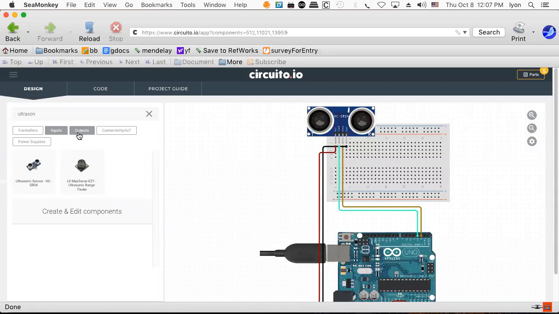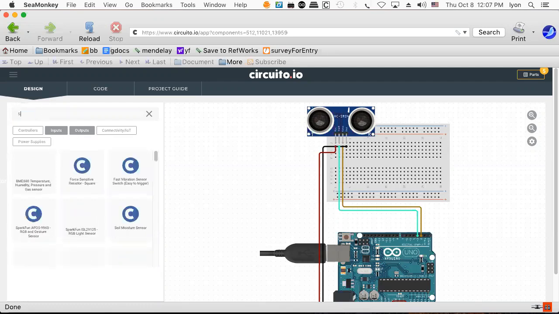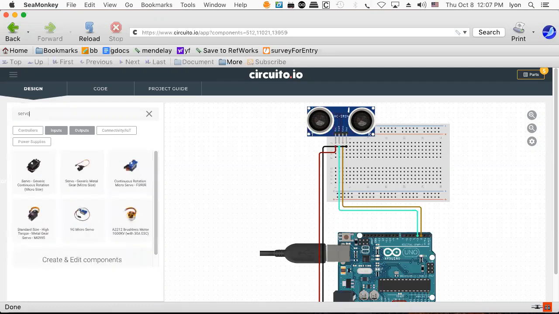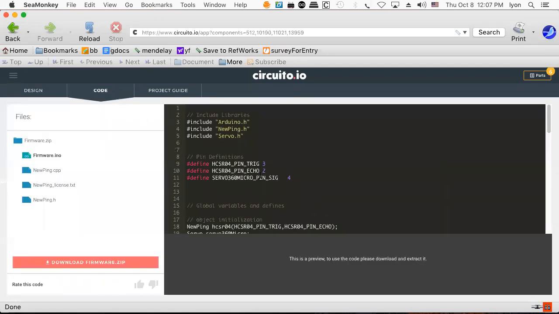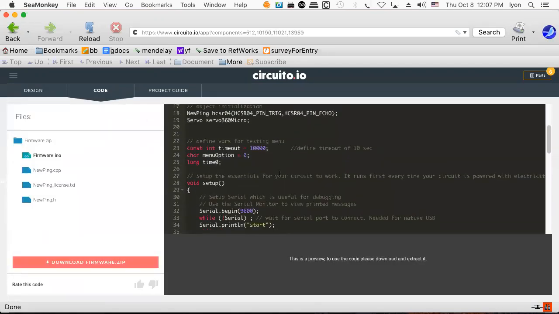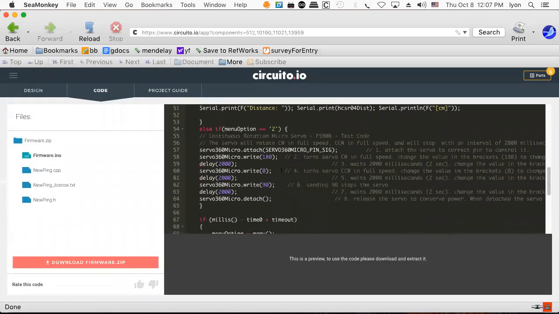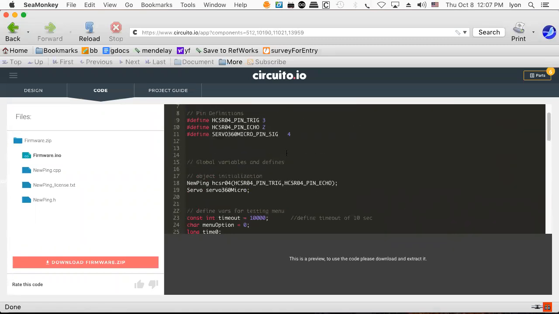I need a servo to go along with my ultrasonic sensor because I want to scan something. So here's my servo, throw the servo in, it wires it up, and now I have code for both the servo and the echo facility integrated.